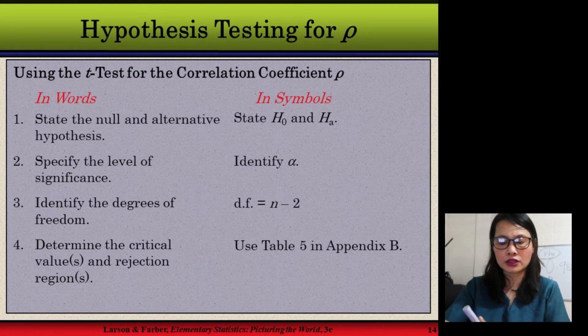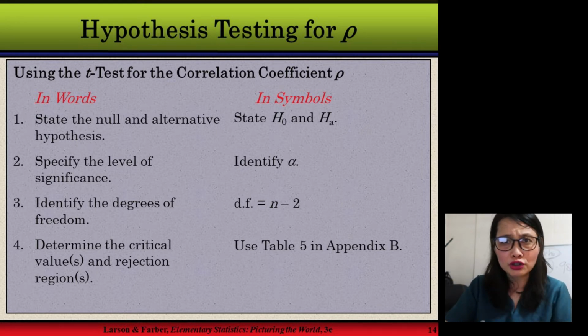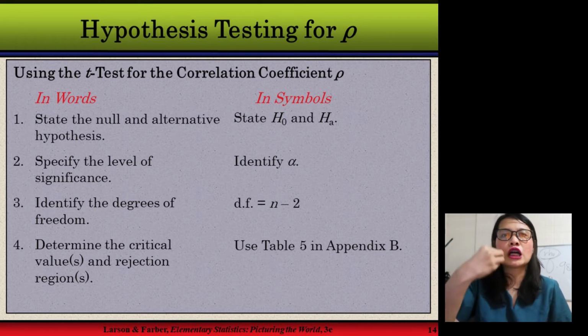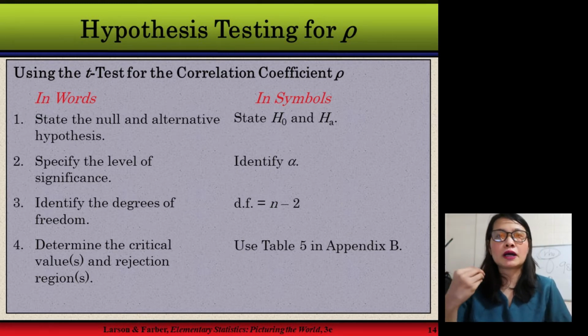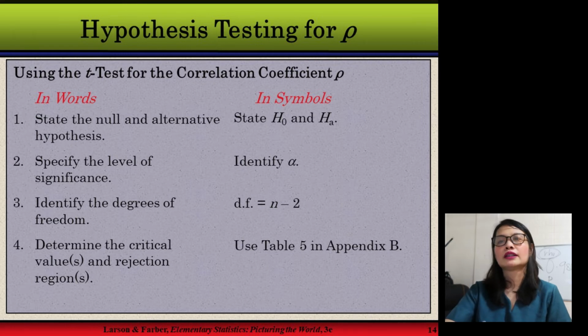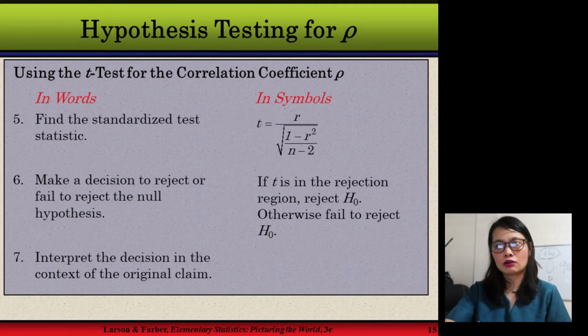First, state or formulate your null and alternative hypothesis, H sub O and H sub A. Specify the level of significance, identify the degrees of freedom, determine the critical value and the rejection region. Find the standardized test or the t value, which is equal to R over the square root of (1 minus R squared) over (N minus 2).